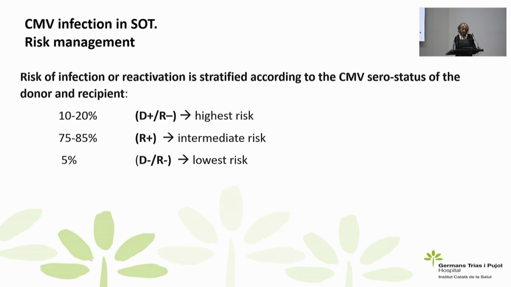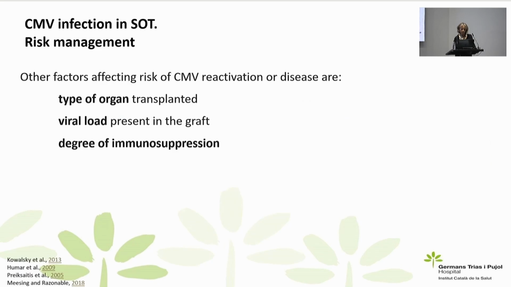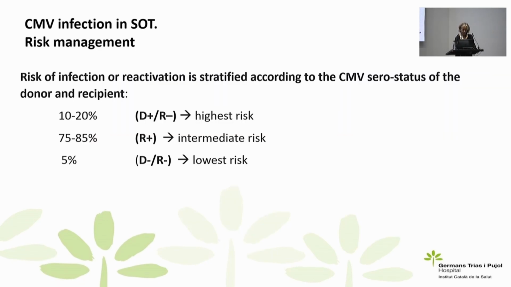And how do we manage the risk of CMV in solid organ transplant? The risk is stratified according to the serostatus of the donor and the recipient. As you can see in this slide, a donor positive whose organ goes to a recipient that is negative, meaning that has no immunity directed to the CMV virus, are at the highest risk.